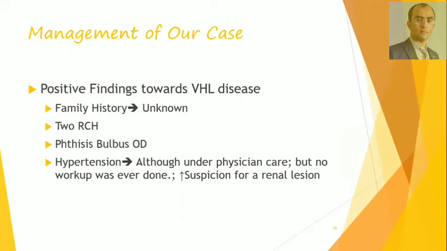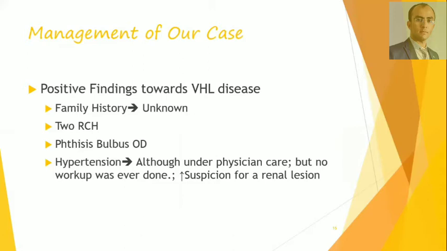So in our patient, there was no family history of VHL. Perhaps I won't call it a negative family history, because the patients in our region have poorer access to healthcare facilities, and often have limited educational backgrounds, so maybe many patients might have been undiagnosed.